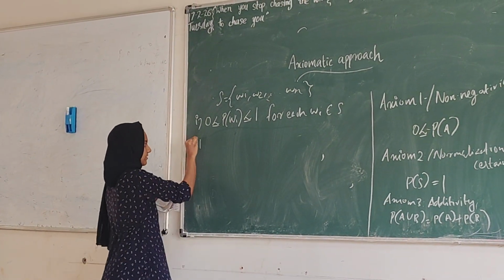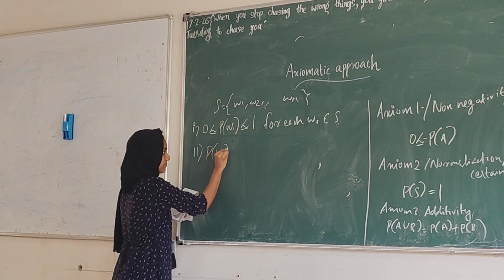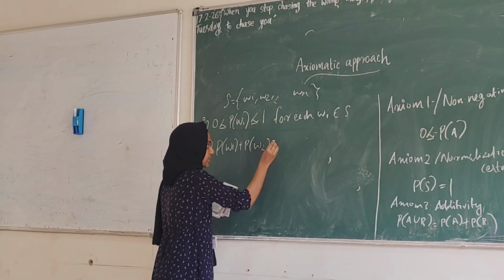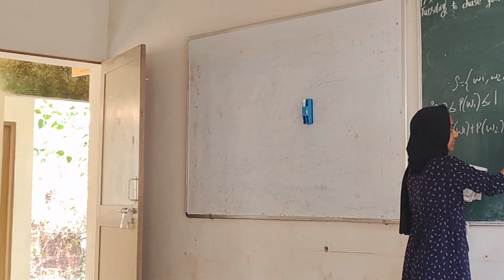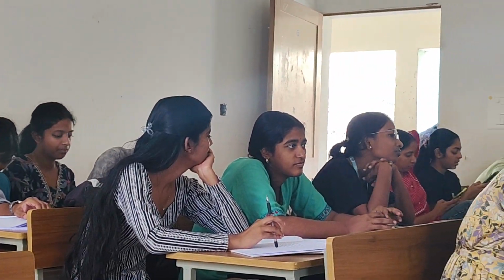Next one is probability of omega 1 plus probability of omega 2 plus and so on is equal to 1.